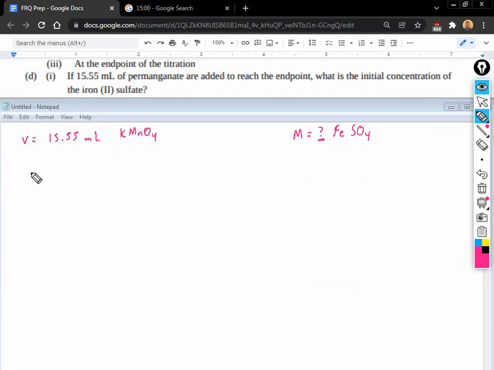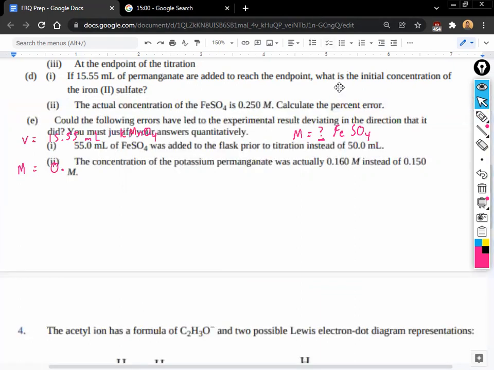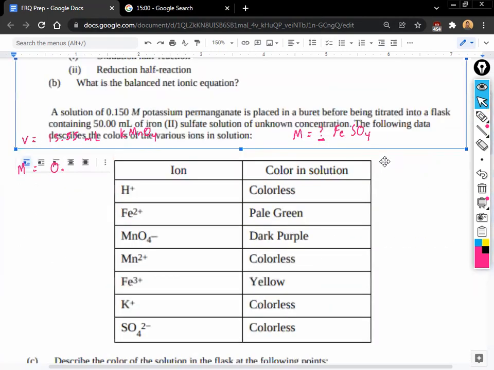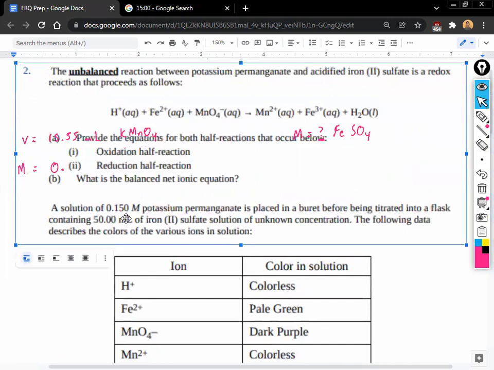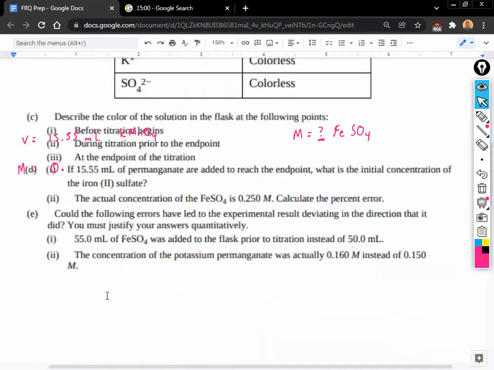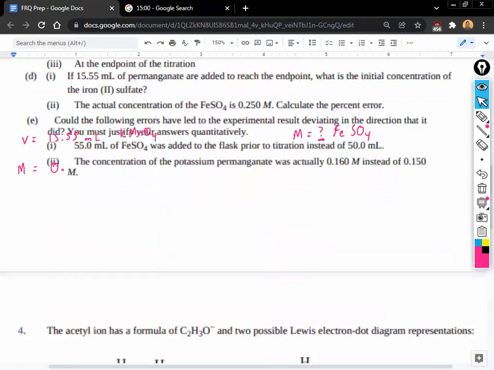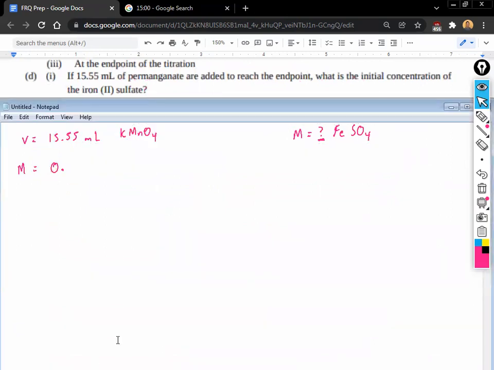What's the concentration that was given to us? If you look at part C. Yeah. If you didn't catch that, if you go up here, you'll see that it's 0.15 molarity. So the concentration is 0.15 molarity KMnO4.